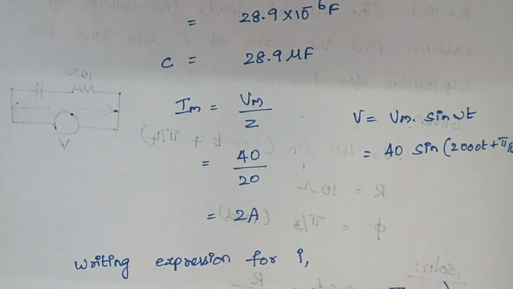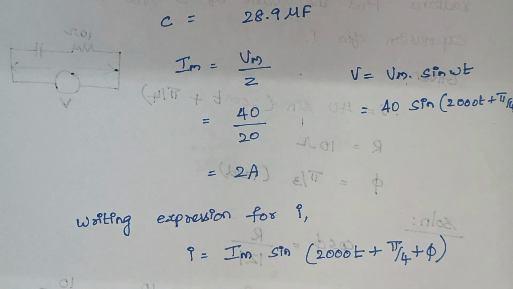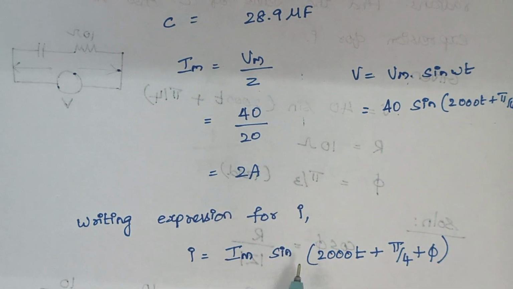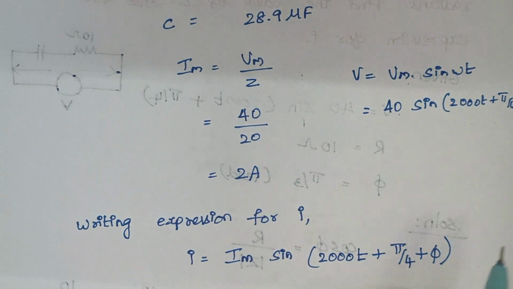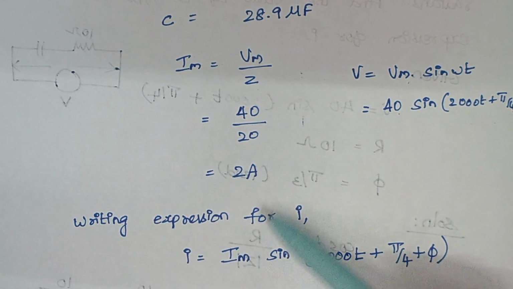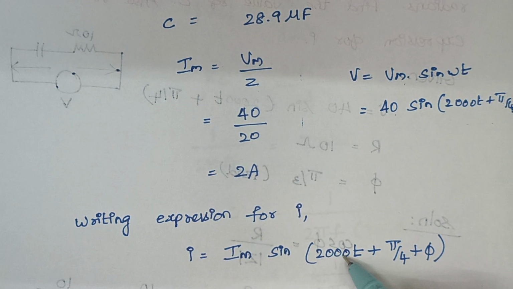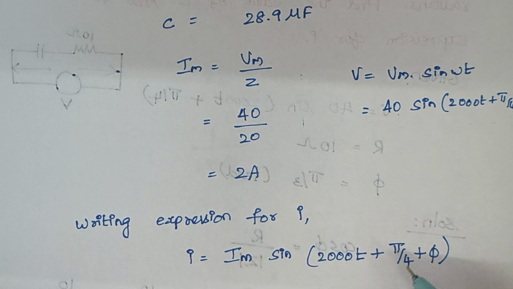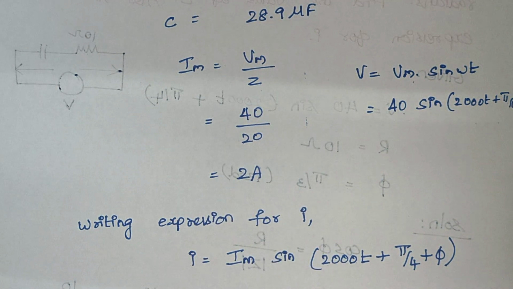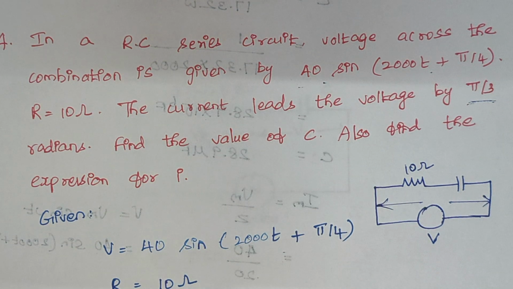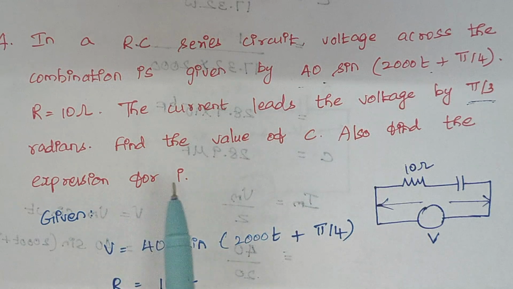So how to write the expression for I? You see, the expression for I is given by I is equal to Im into sine of omega t plus some phi here, right? So just now we had calculated Im, right? We know the same omega will be there for I also. So plus phi. What is meant by phi? In the problem, you see, they had clearly mentioned as current leads the voltage by pi by 3 radians.